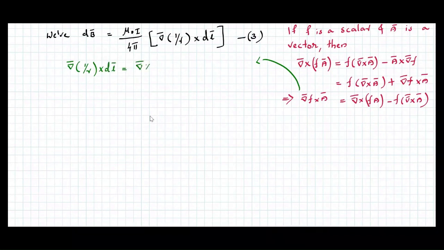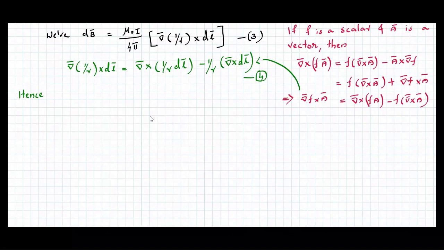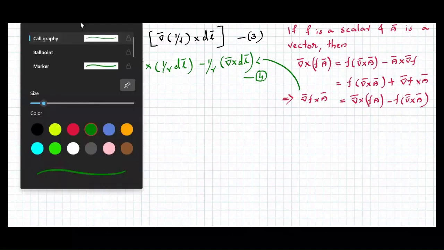Now we can write del 1 by r cross dl as del cross 1 by r dl minus 1 by r del cross dl. Let it be equation number 4.